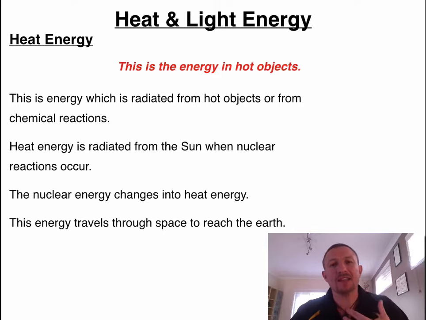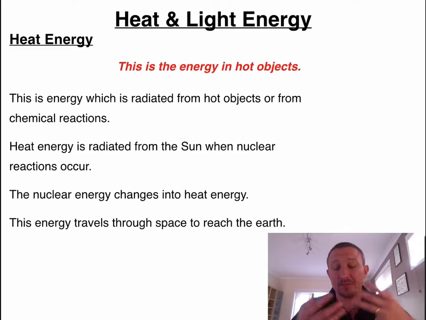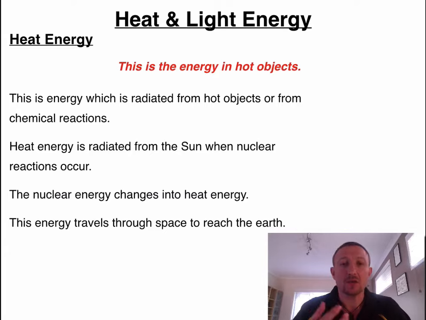Now it's radiated away from objects. It can happen in chemical reactions. So when you add magnesium to hydrochloric acid, you'll get heat which is basically given off during that reaction. As we know, heat is generated from any nuclear reaction. We talked about that earlier in nuclear energy.